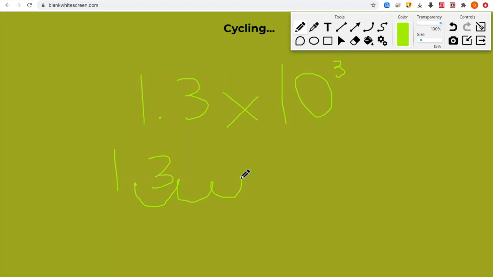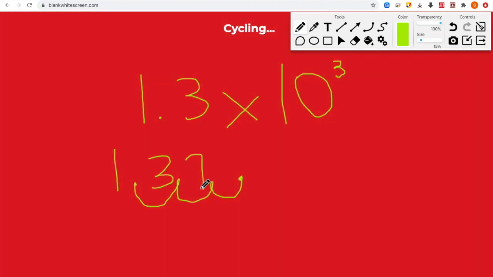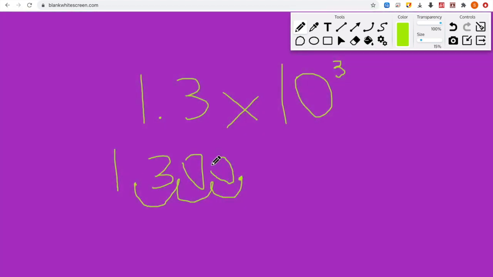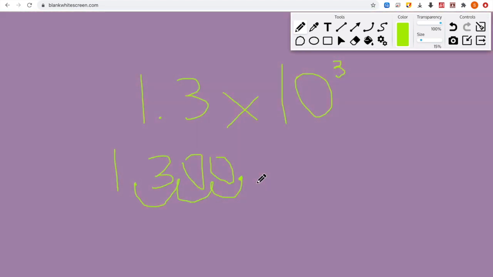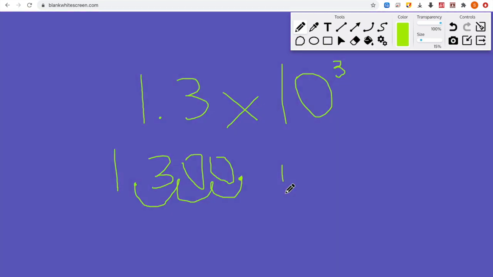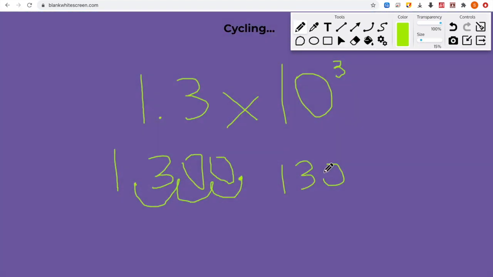That's where my new decimal is going to go. I'm going to fill in these blank spaces with zeros. Since there's nothing else behind the decimal, I'm done. My number is going to be 1,300.